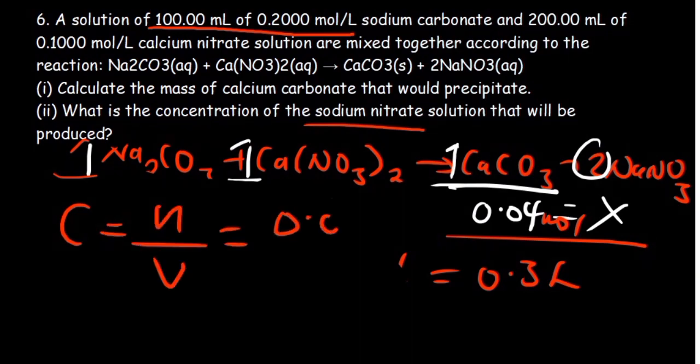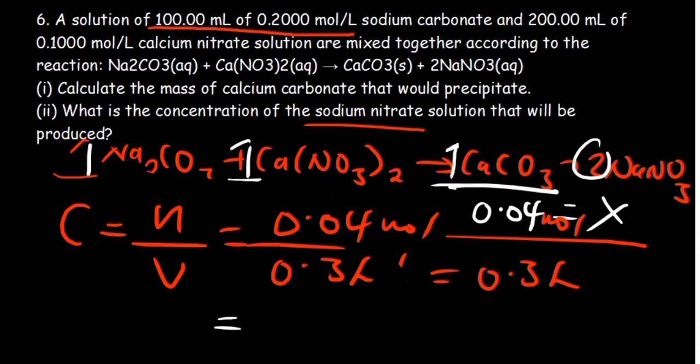So 0.04 divided by 0.3 liters, I'm getting a value of 0.1333 molar concentration, or mole per liter. That's how you approach that question.